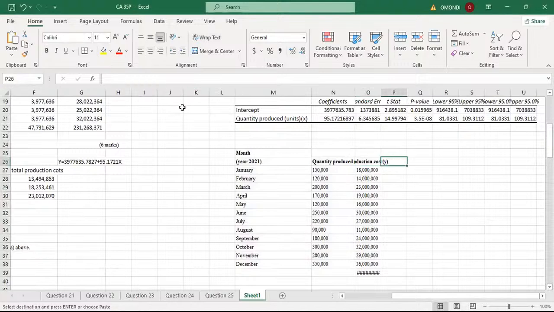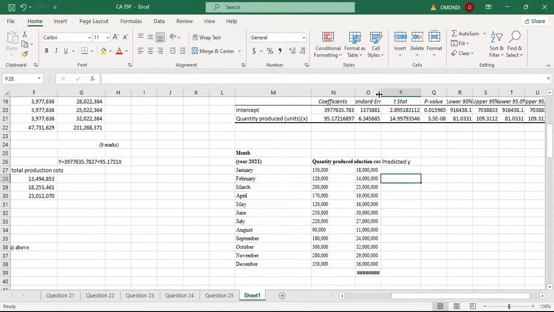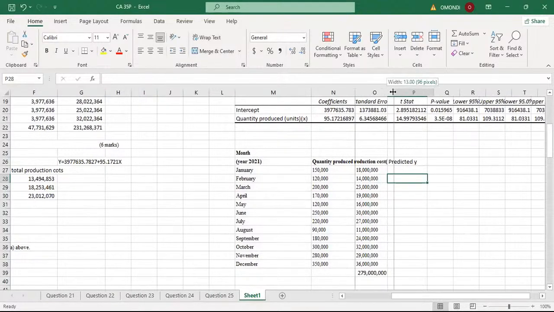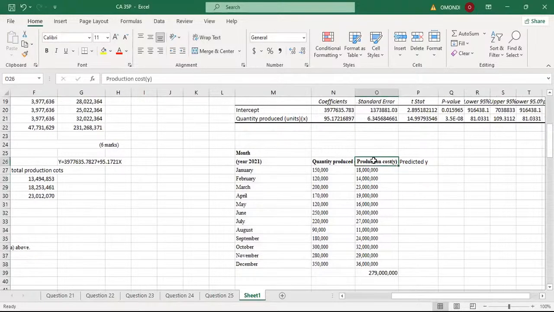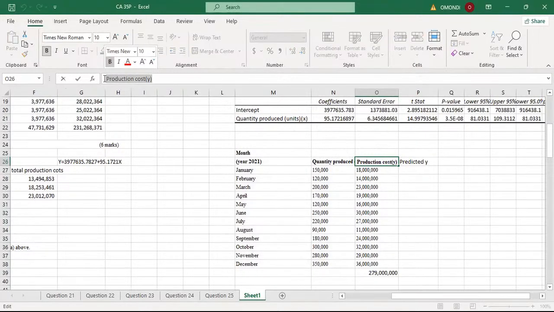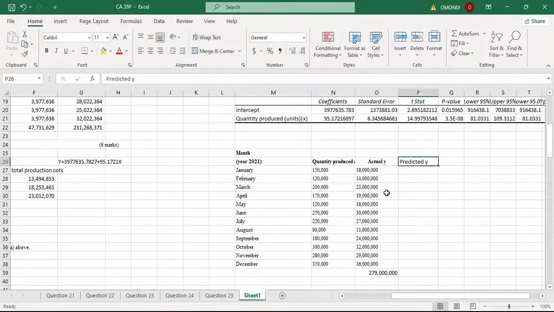Then I will get the predicted y. How do I get predicted y? Actual y, then predicted y.